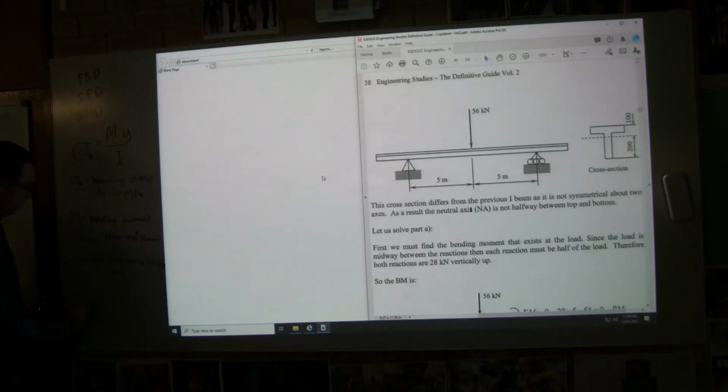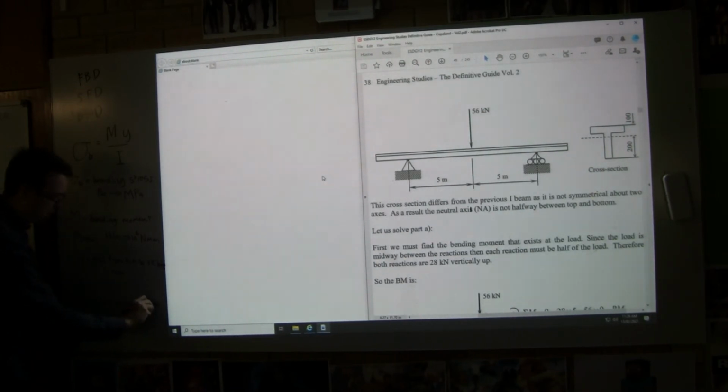And then lastly, we have I, which at uni you'll call Ixx, and that has two names. We call it the second moment of area, but it is also known as the moment of inertia.